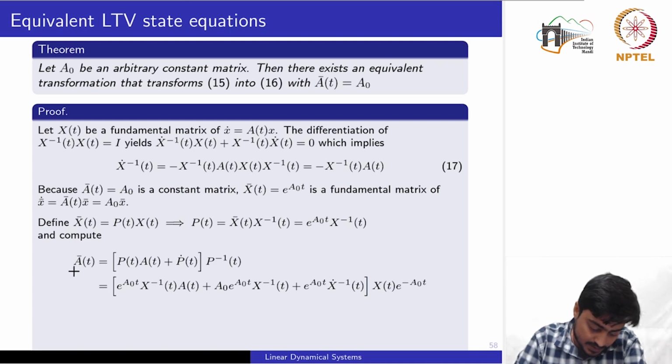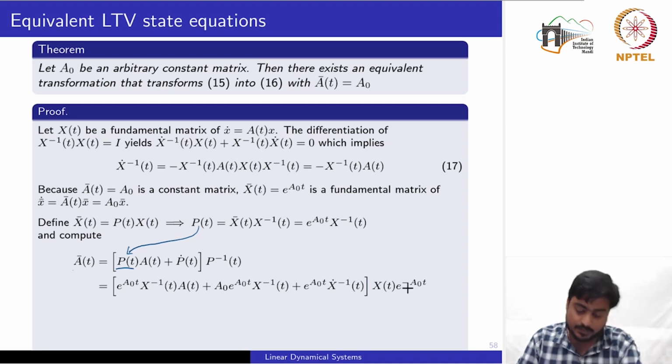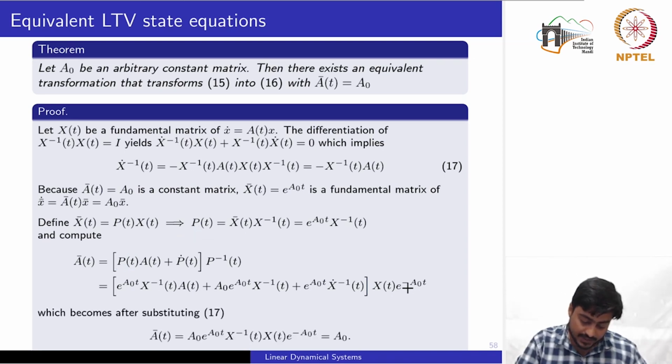And then we compute this A bar, which was given by P into A plus P dot into P inverse. Now here P of t is replaced by this part, and after doing some simplification which you can look at more closely, we finally arrive that A bar t is actually equal to A naught.